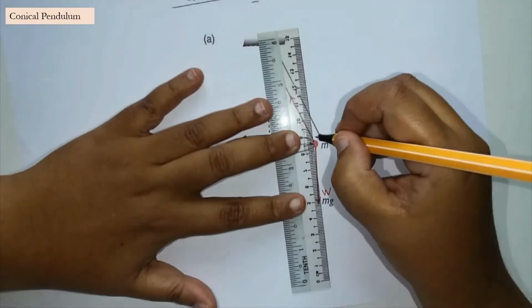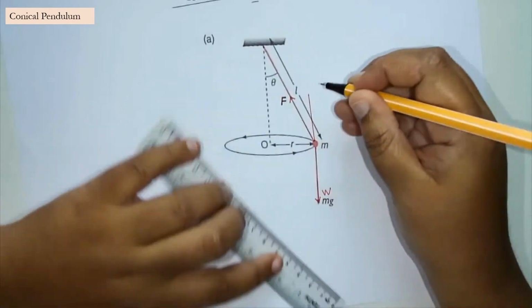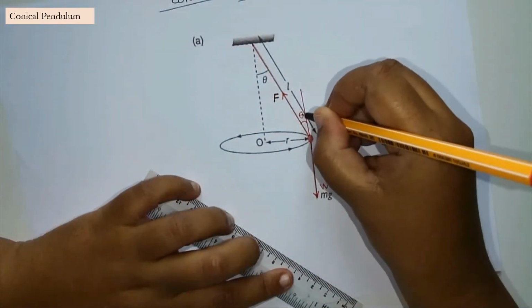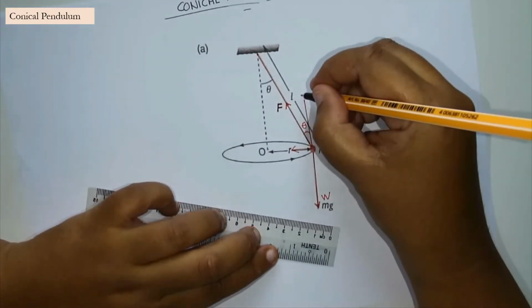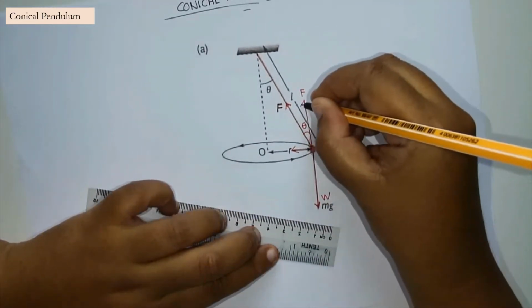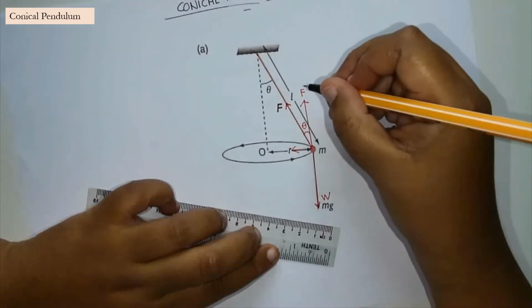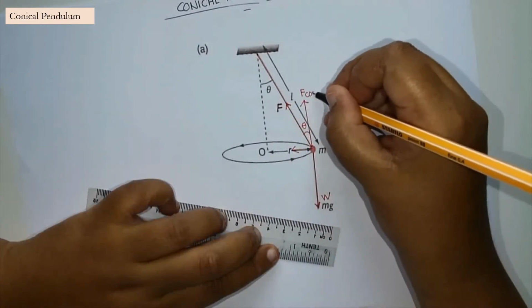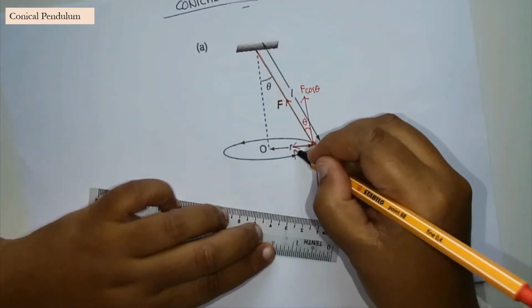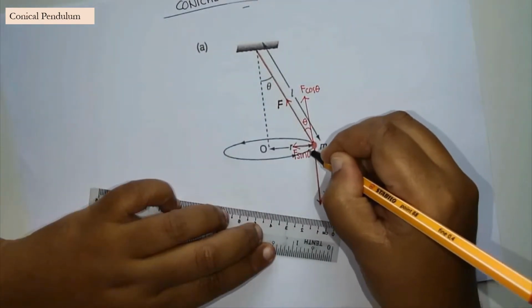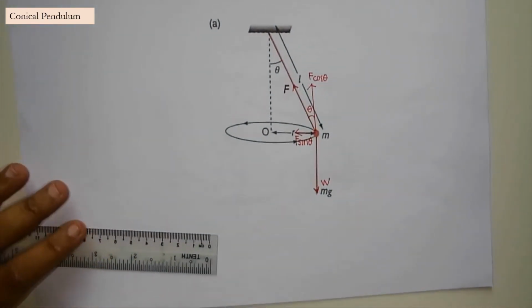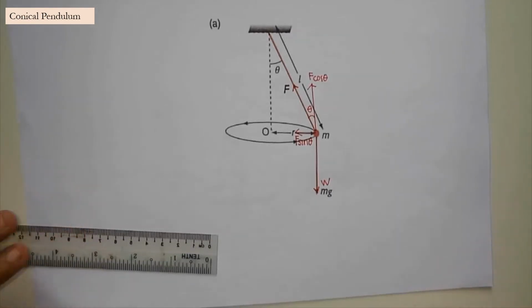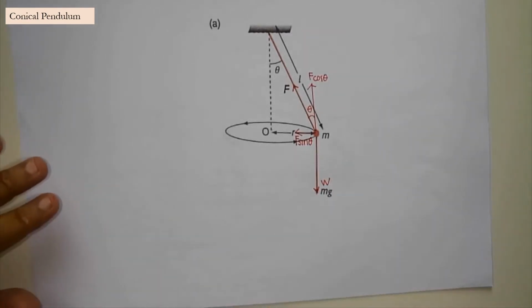So if I resolve the force here, this is theta, and the tension F in this direction becomes F cos theta here, and F sin theta here. Now we find the resultant force to the center.